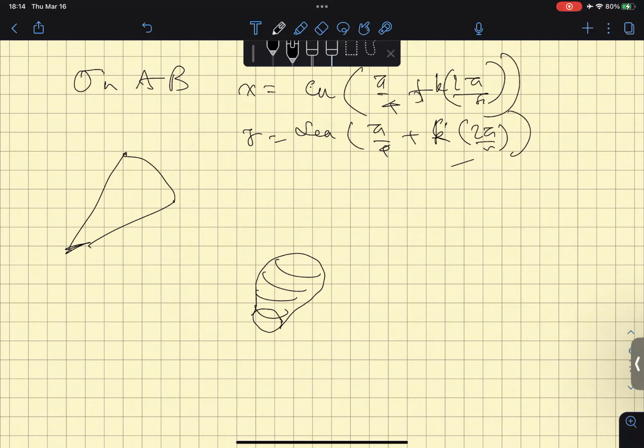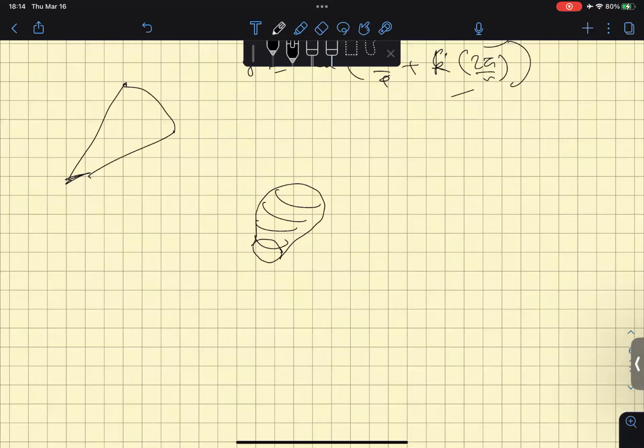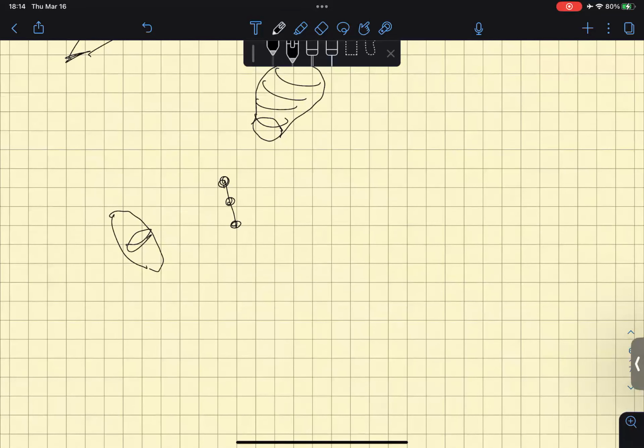Then there was another problem in which there was an ellipsoidal planet with a dumbbell-shaped satellite in its field, something like this rotating around it, and you had to calculate its orbit, etc.